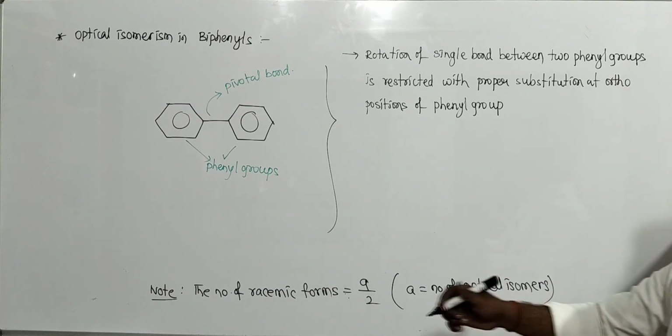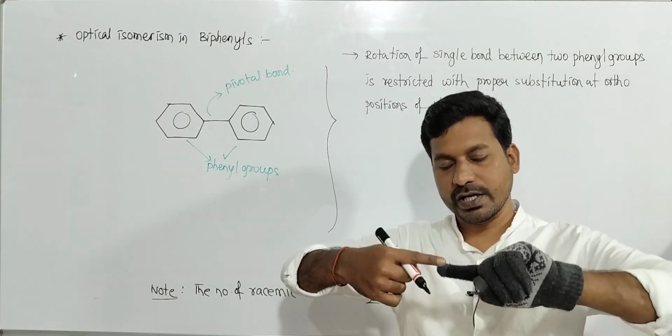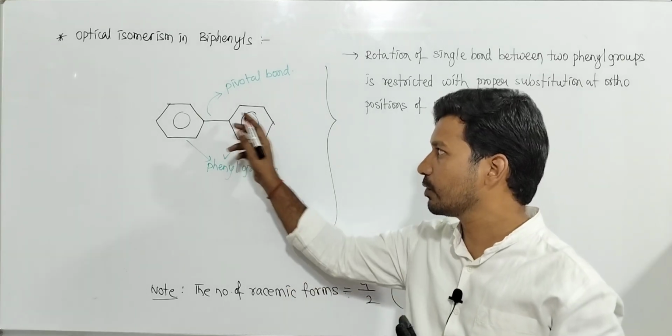Rotation of the single bond between two phenyl groups is not possible. Generally single bond rotation is possible, but here rotation is not possible due to the presence of bulky groups.